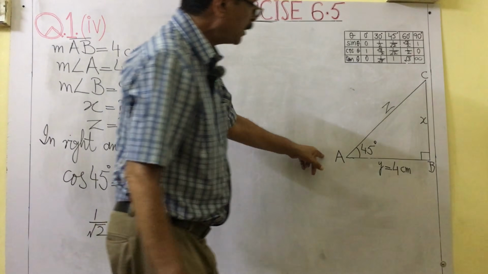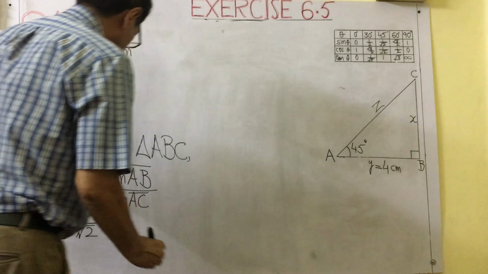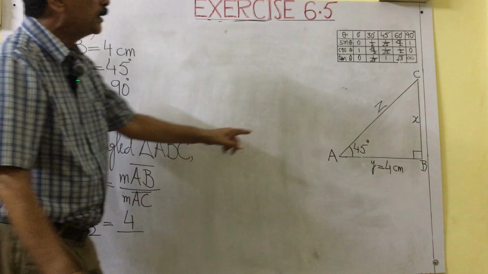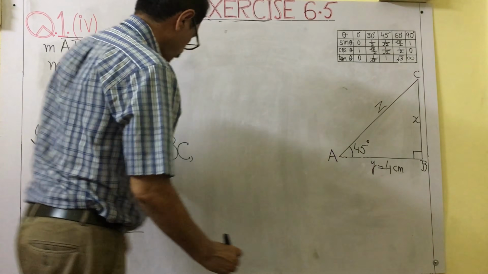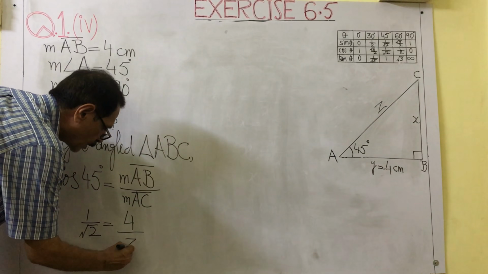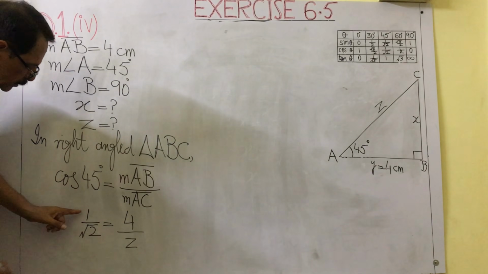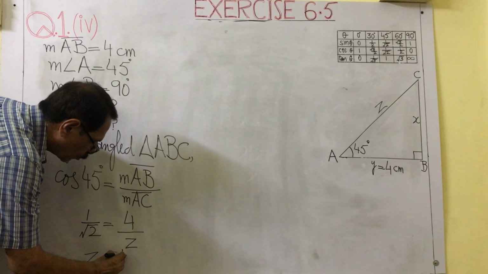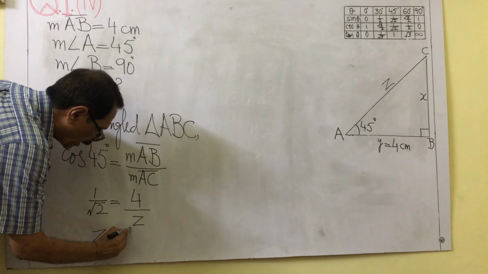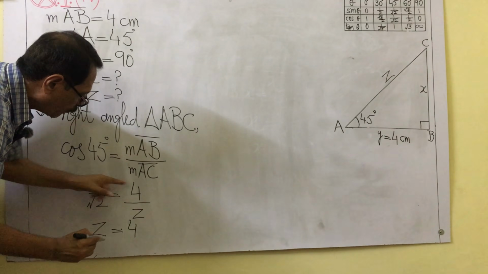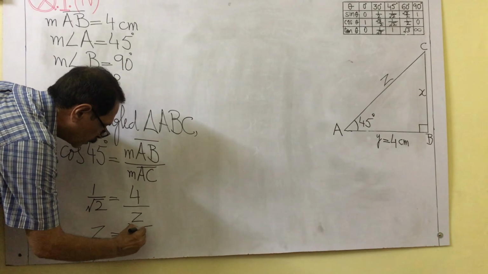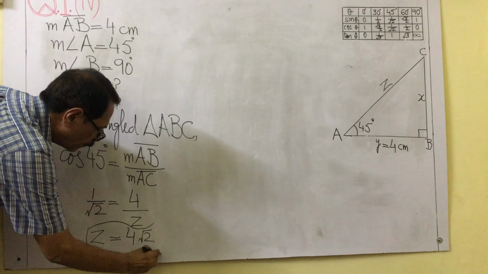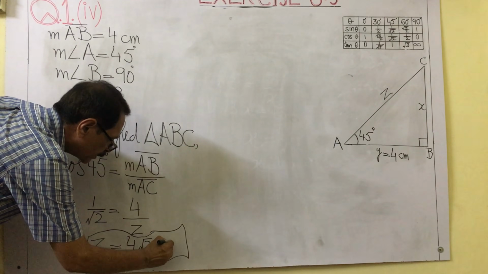AB is equal to 4 centimeters, AC is Z. By cross multiplying, Z is equal to 4 multiplied by square root of 2. So this is the value of Z, in centimeters.